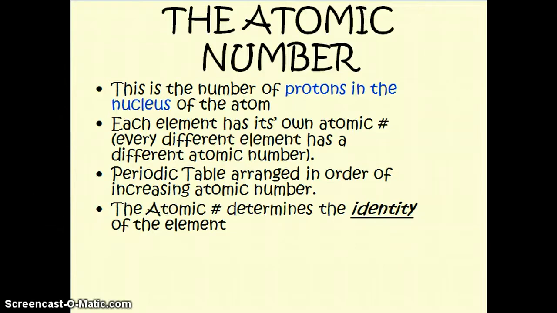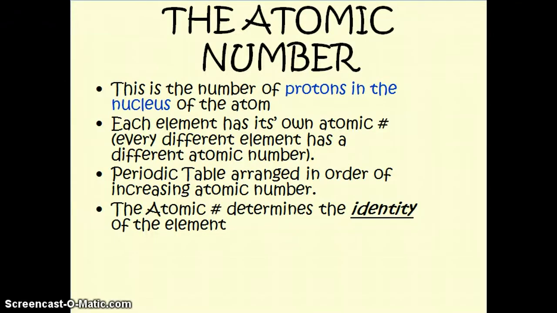The periodic table is arranged in order of increasing atomic number, so the further you get towards the bottom, the larger your atomic numbers become. This number determines the identity of the element. So if I tell you the atomic number of 1, you automatically know that I'm talking about a hydrogen atom.